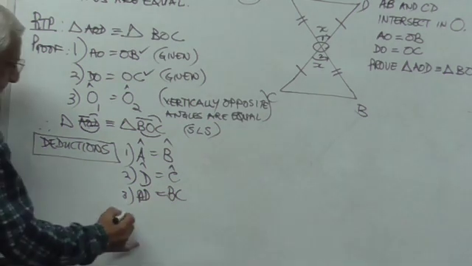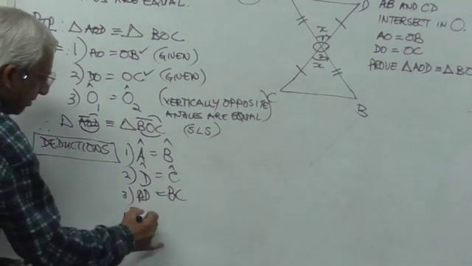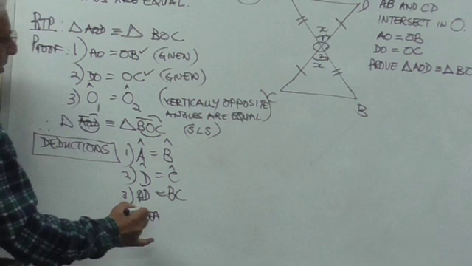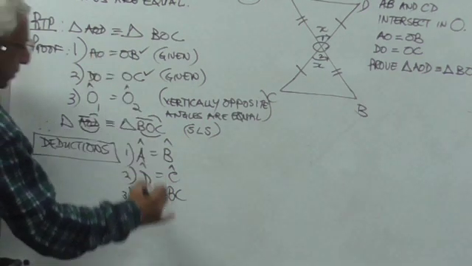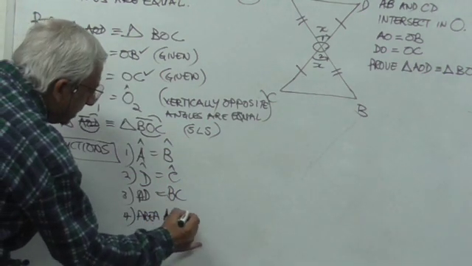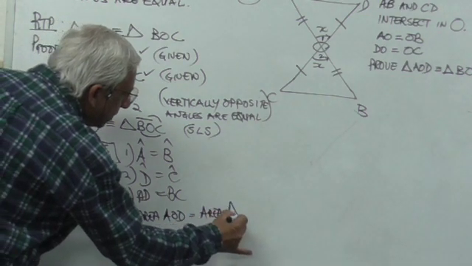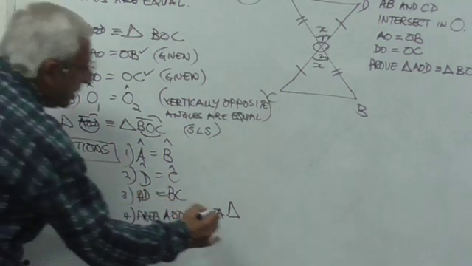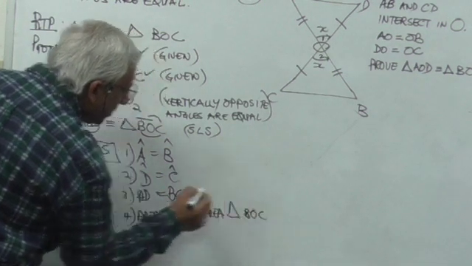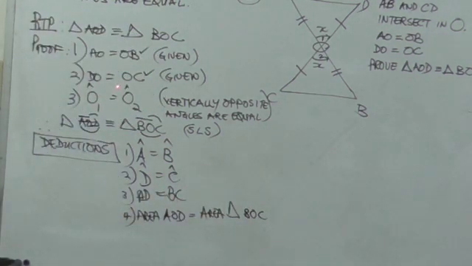And finally, area of triangle AOD is equal to area of triangle BOC.